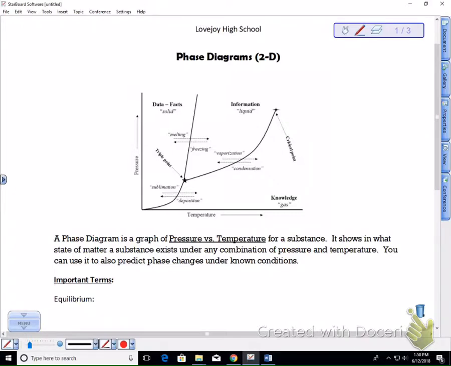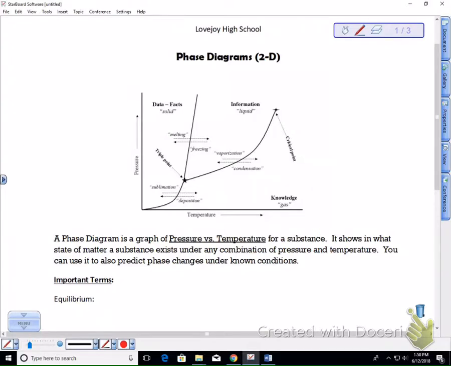Now the lines that you see here are made by graphing the pressure at different temperatures for a substance. We call these phase equilibrium lines. We've talked about phase changes at some point in the past. I don't remember, depends on which class you're in. But when phase changes happen, it's a complex process where you're overcoming IMFs.